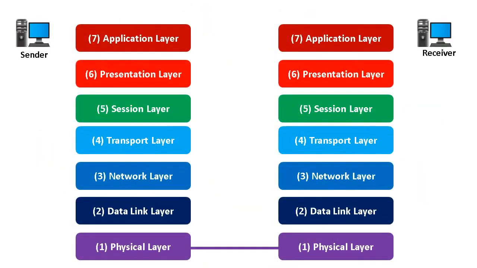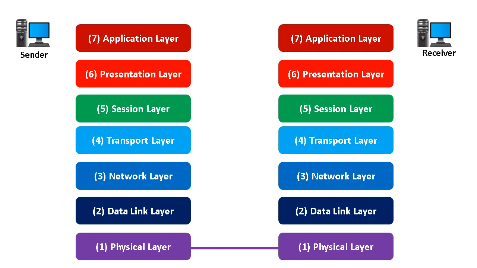The protocol used is IP, that is Internet Protocol, to convert the segment into the packet by adding the logical IP address of the destination device to the packet before sending it to the data link layer.